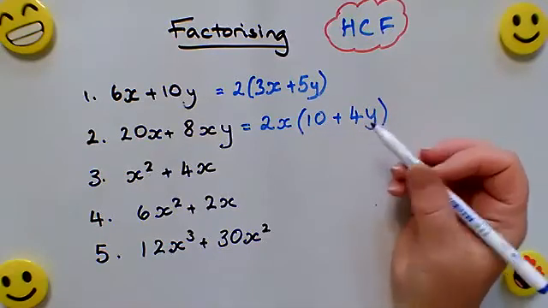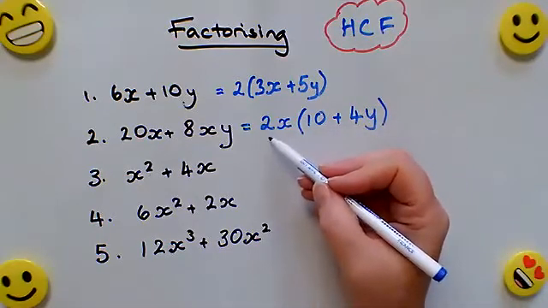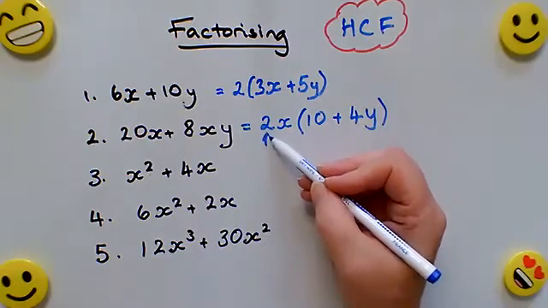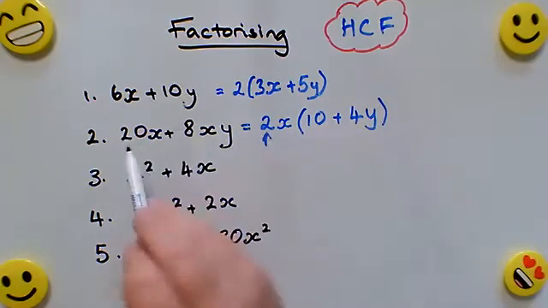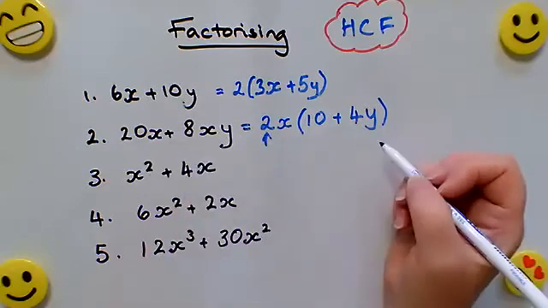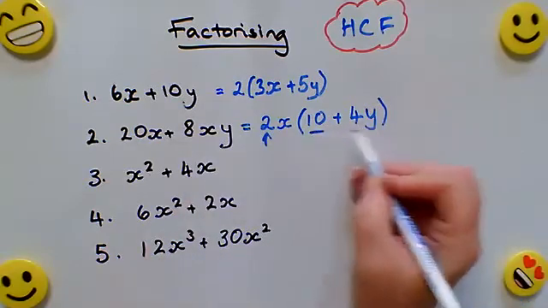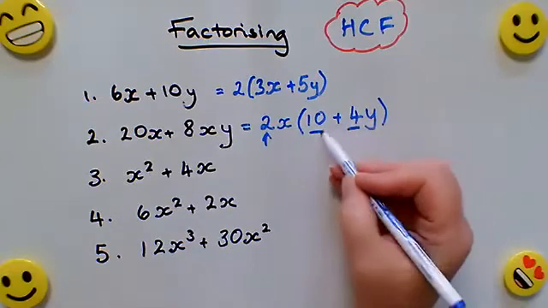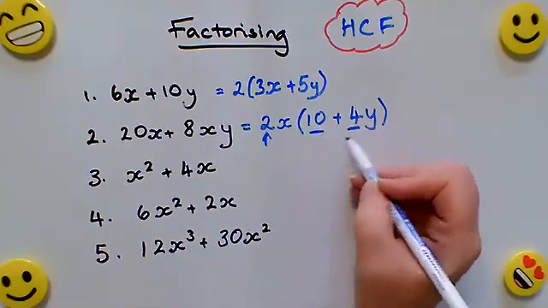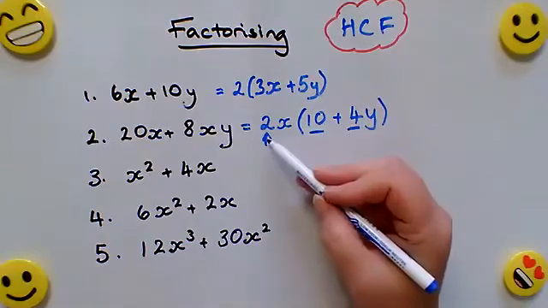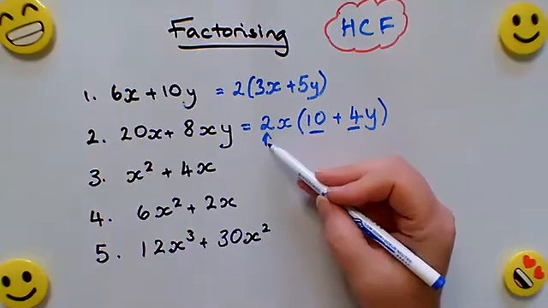Now, I said I've made a mistake, and I'm sure some of you have spotted that 2 is not the highest common factor of 20 and 8. A really good double check inside the bracket, if you notice that the numbers or letters have any common factors still remaining, then you haven't taken out the highest common factor.